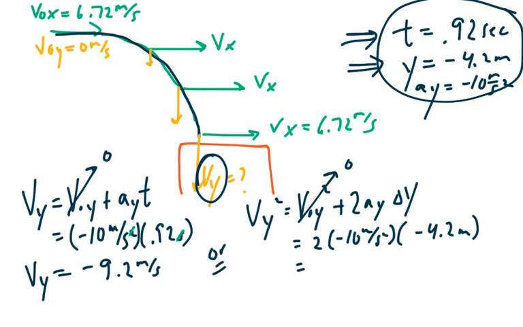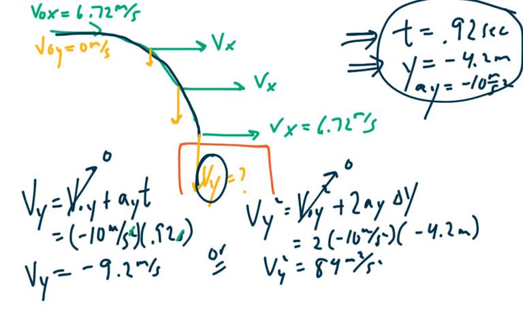Let's do this math. 4.2 times 10, the two negatives cancel, is 42. Times 2 is 84. And the units would be meters squared per second squared.